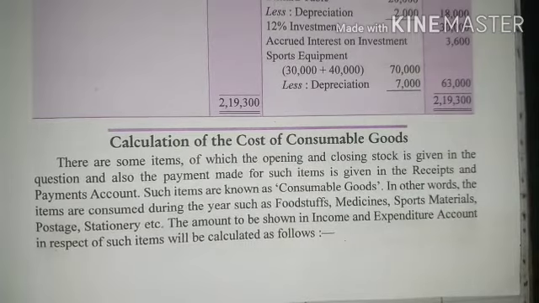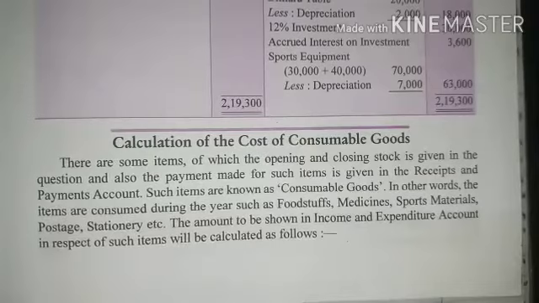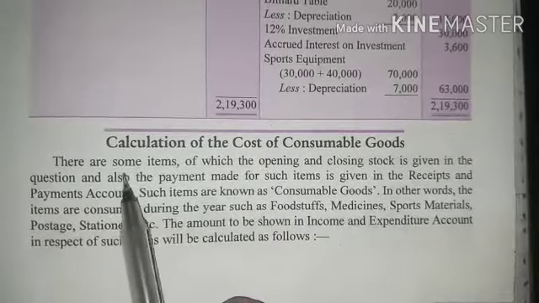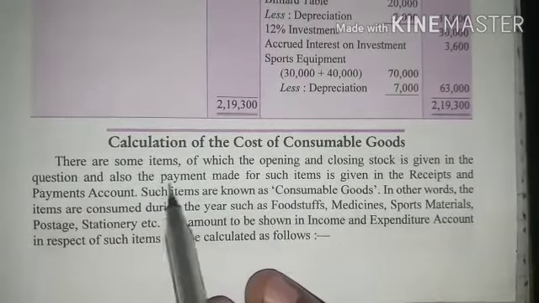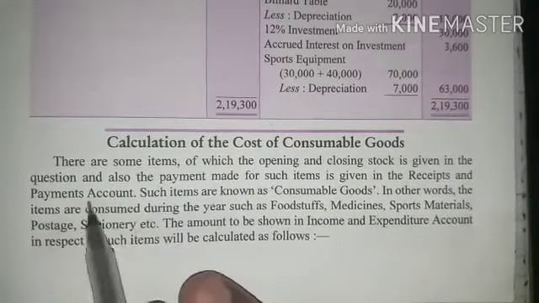Now there are certain goods which are used and consumed in a non-profit organization, and those goods can be calculated as follows. First we will be reading certain theory about it. There are some items of which the opening and closing stock is given in the question, and also the payment made for such items is given in the receipts and payment account.